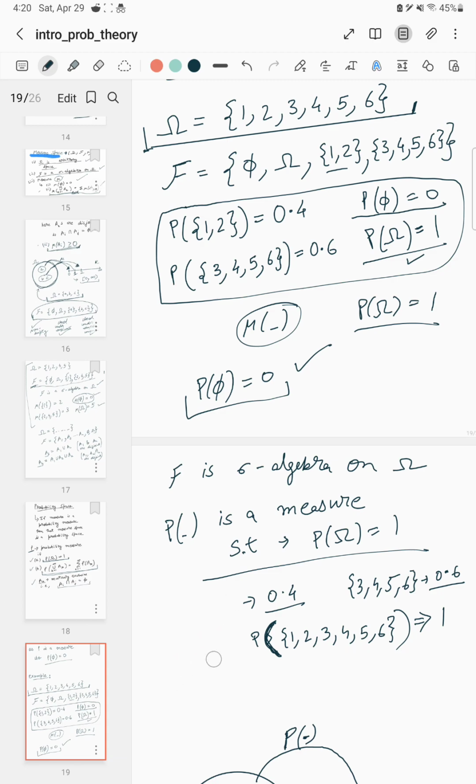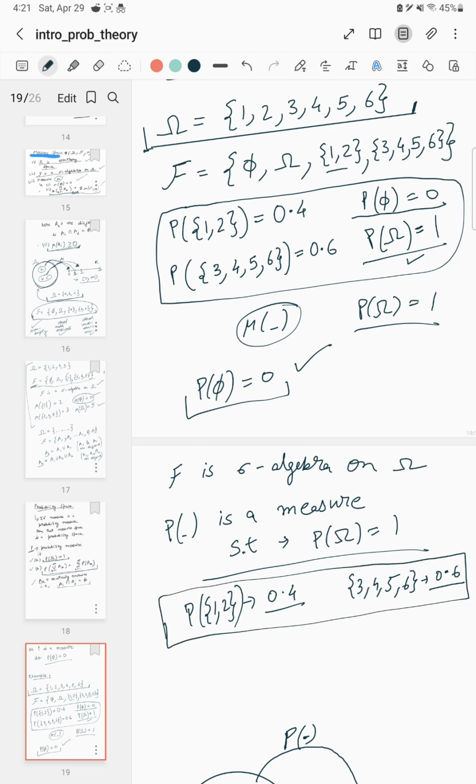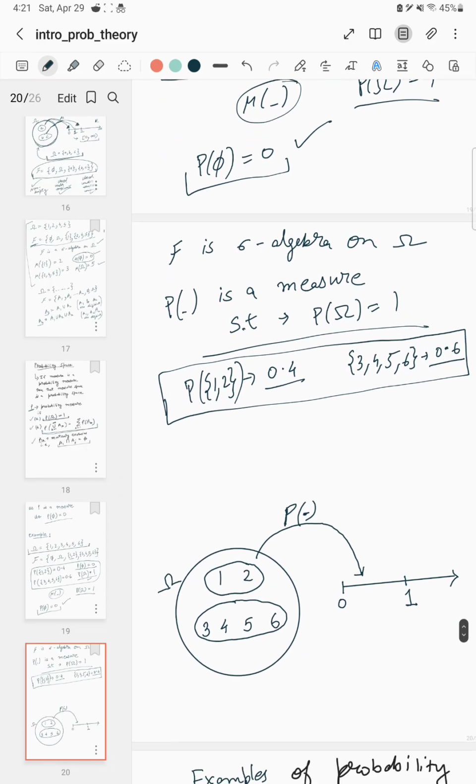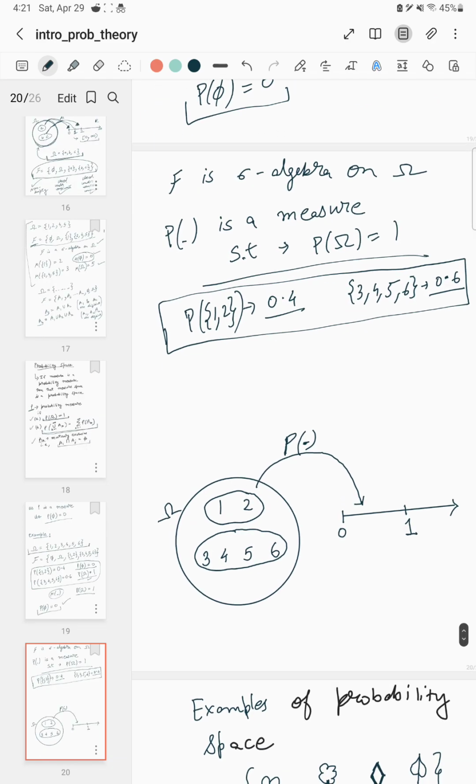So in this example we have learned how to take an intuitive understanding of probability spaces. Now you can even visualize this. For visualization, let's say you have your sample space omega here in this circle. You have 6 elements, 1, 2, 3, 4, 5, 6, which are the 6 possible outcomes of a roll of dice.